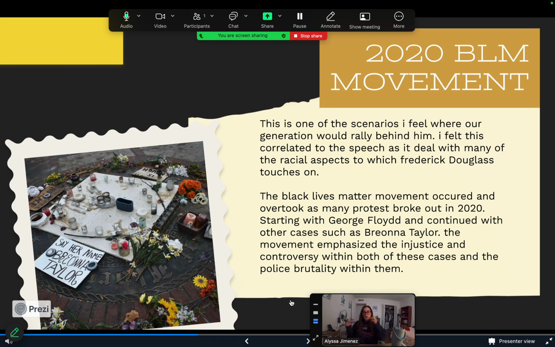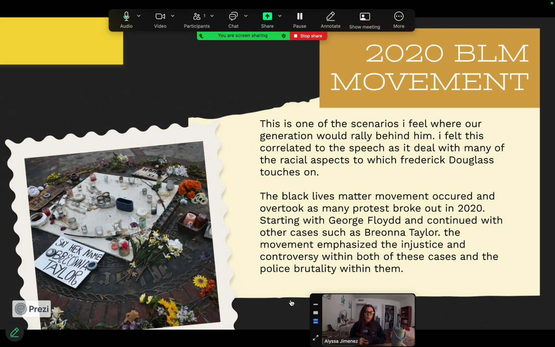I wanted to touch on certain movements that were brought up during the pandemic and sometime after. We have the Black Lives Matter movement that happened in 2020.